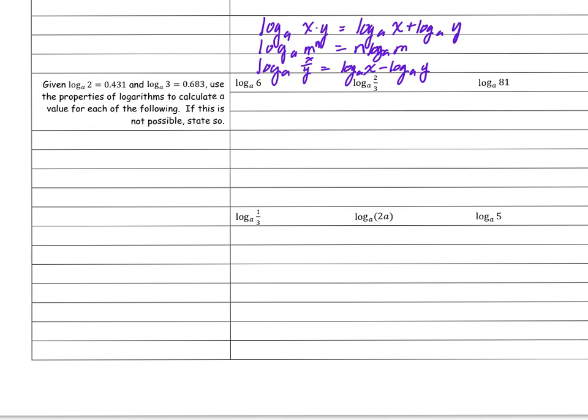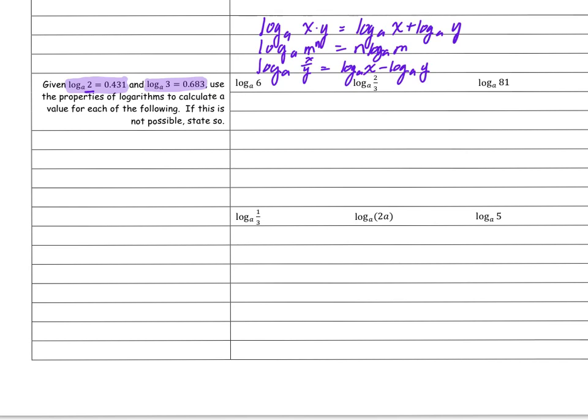They've given me log base a of 2 equals this, and log base a of 3 is 0.683. So they've given me these two statements right here. And I need to write each of these in terms of 2 and 3.